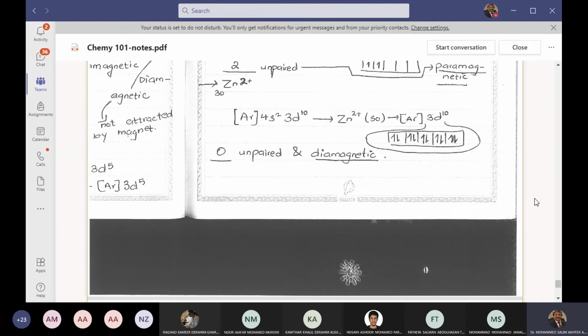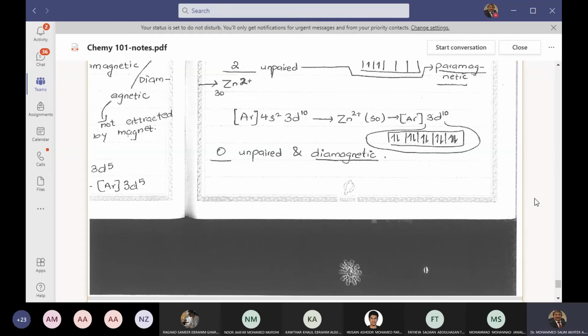When you have 3d8 and 4 plus, I removed. When you remove electrons, you remove 2 from s and 2 from d, so it will become 3d6. How many unpaired electrons? 4 unpaired electrons.